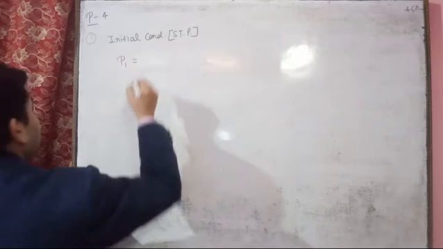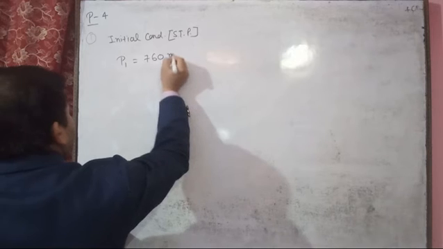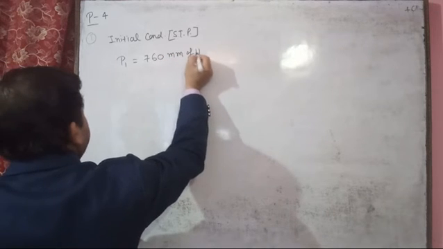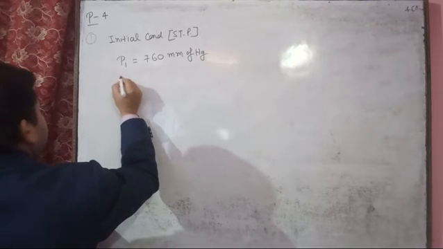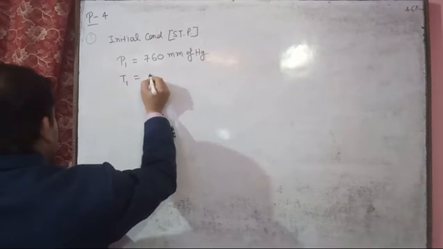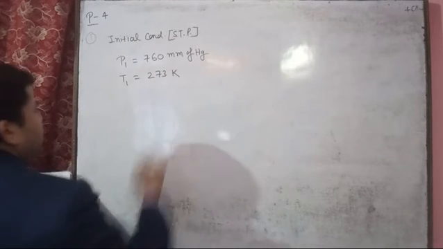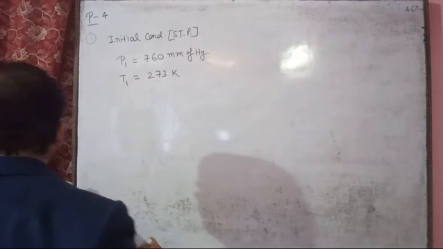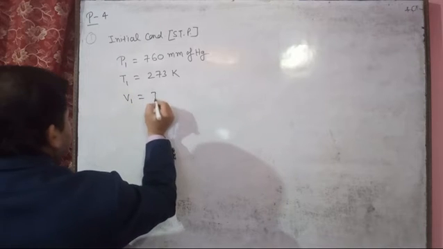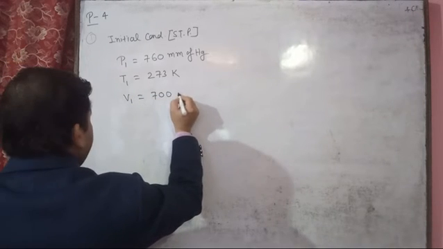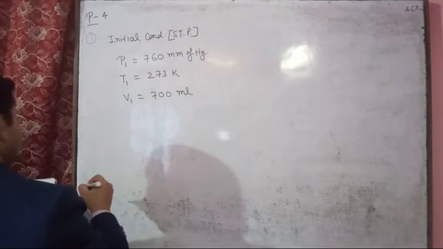This is the reason we will take it in mm: 1 atmosphere equals 760 mm of Hg. And temperature T1 is 273 Kelvin at STP, since 0 degree Celsius means 273 Kelvin. And volume V1 is given as 700 ml at STP.